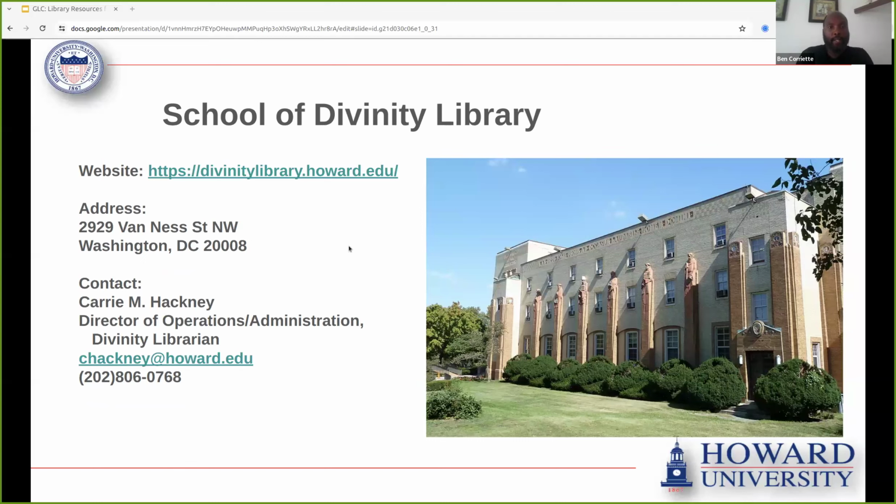School of Divinity Library. This is located on our West Campus. And the Divinity Collection is housed on the 4th floor of the law library. Currently, it is restricted to Howard Law and Divinity students, faculty, and staff. Now, the contact person for the School of Divinity Library is Ms. Carrie M. Hackney. She is the Divinity Librarian as well as the Director of Operations and Administration.